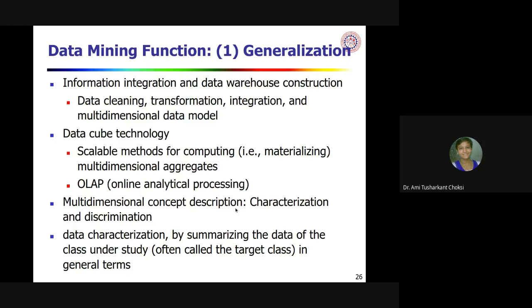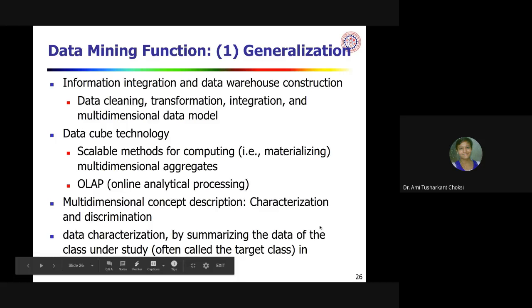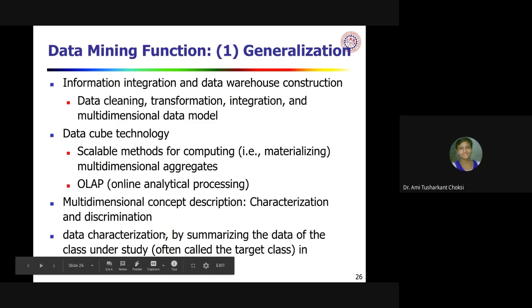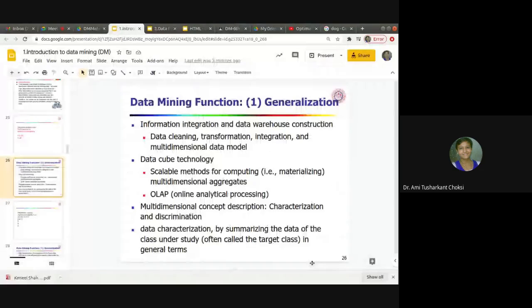Multidimensional concept description, and for that we will be learning characterization and discrimination. Data characterization is summarizing the data of the class under study in general terms.